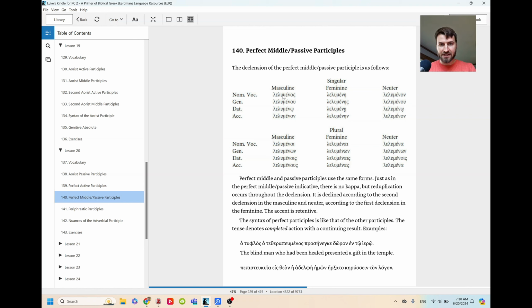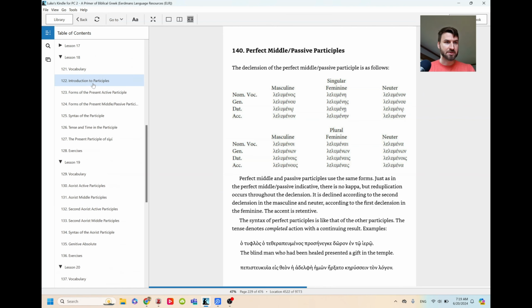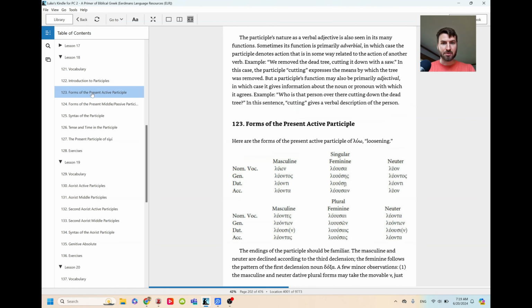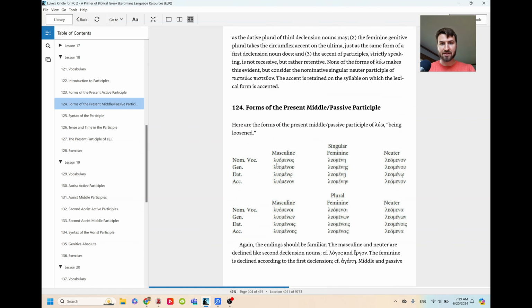The difference is, just like in the perfect indicative middle and passive, you don't have the connecting vowel. So if we go back up to the present middle passive, you have luomenos, you have the connecting vowel throughout, you have the omicron.